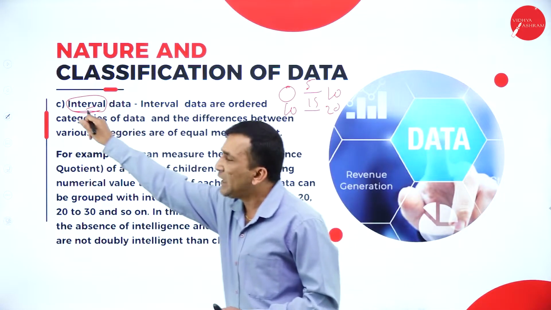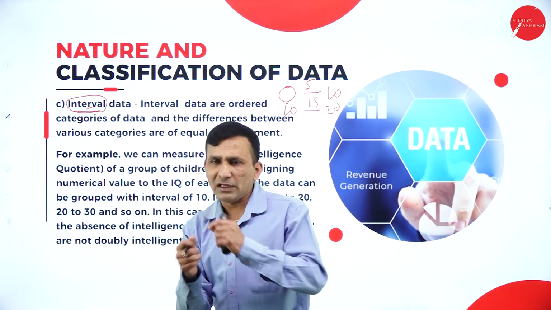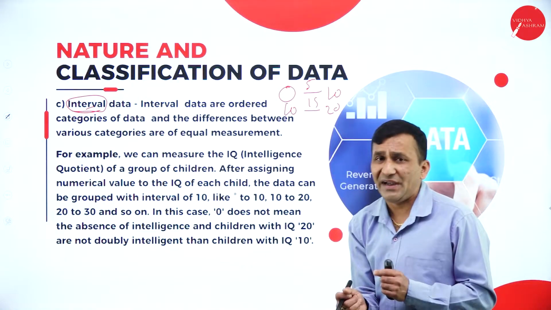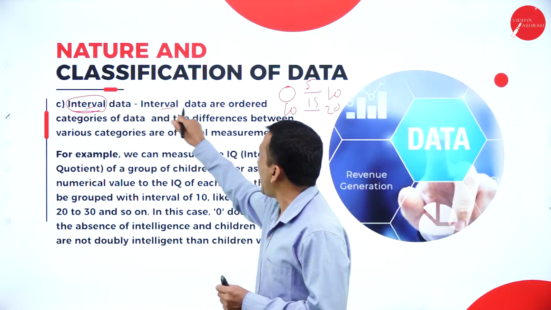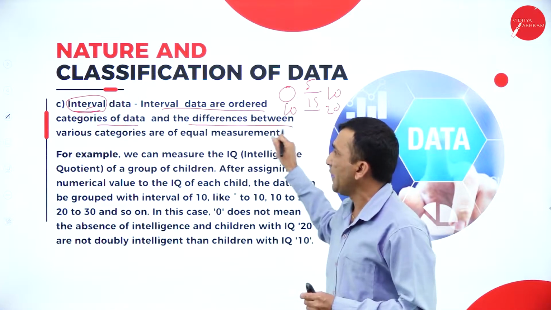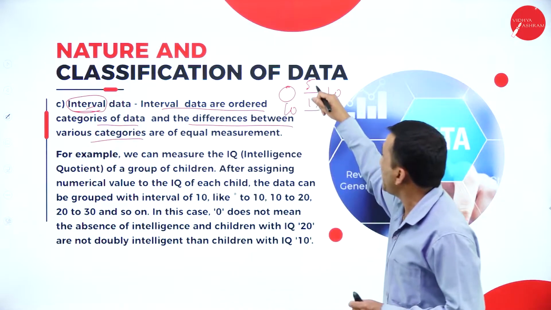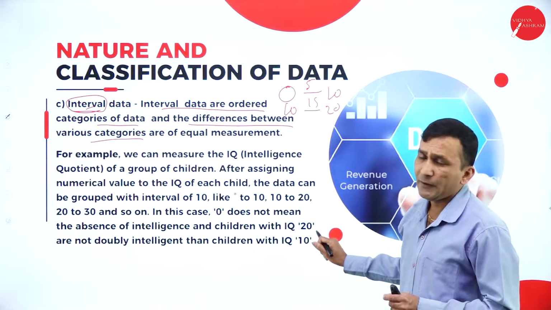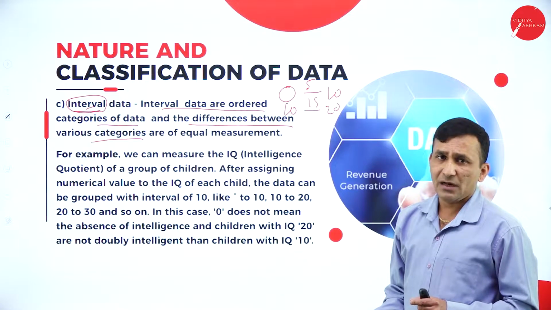Class interval is nothing but the width of each class. Interval data are ordered categories, and the difference between the various categories is the same, 10, 10, 10, so we find an equal distance.